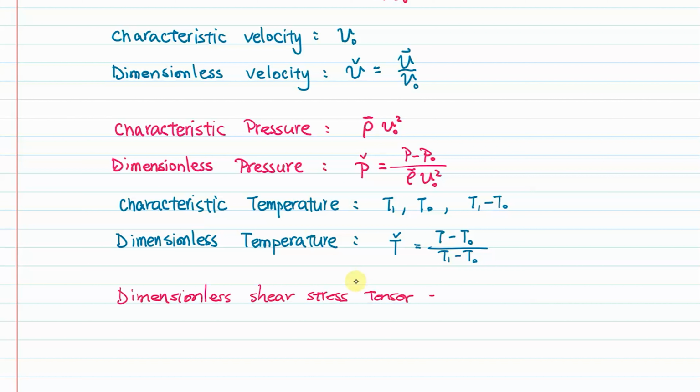Or we'll just give you the result here. So the dimensionless shear stress tensor equals L naught over V naught squared times the actual shear stress tensor.